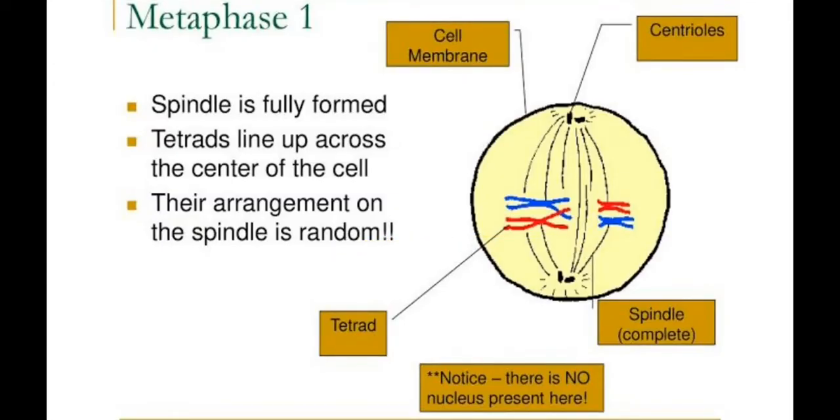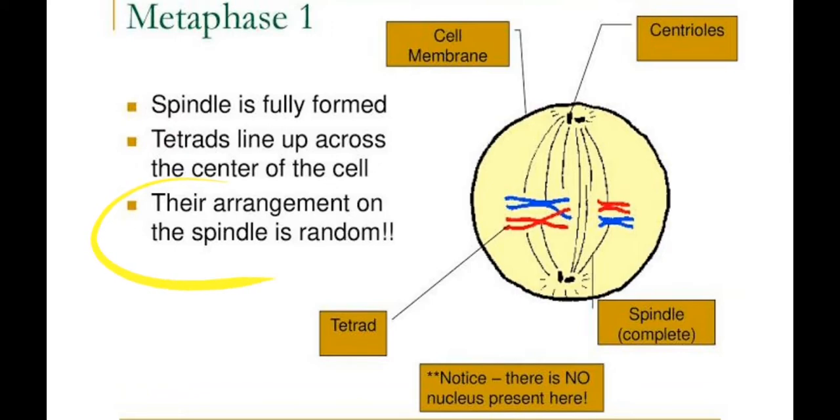Here we have metaphase. We have these spindle fibers, or microtubules, growing from centrioles, and every fiber connects to this dyad, this X-shaped chromosome. They can be paternal, maternal, can be swapped, so it is up, down, it can be different.